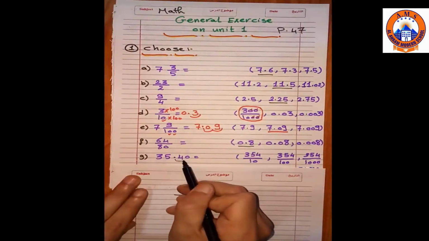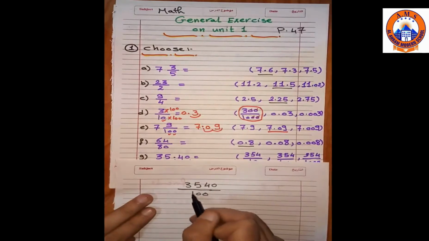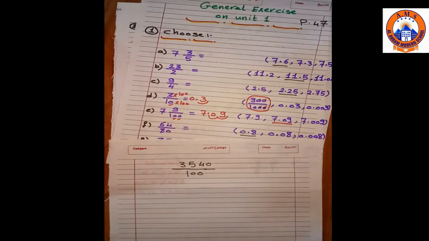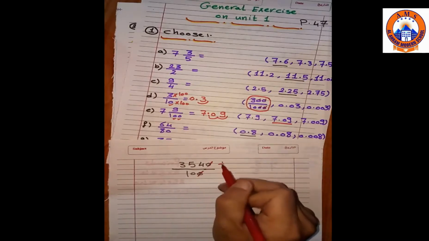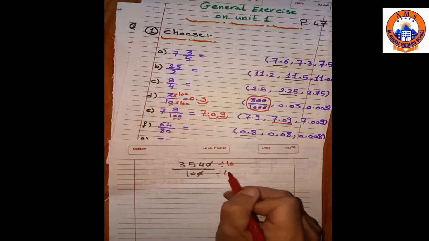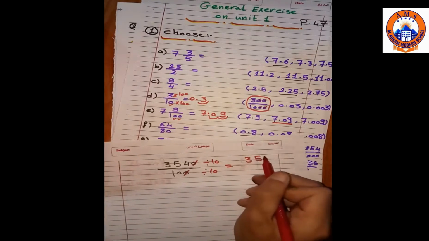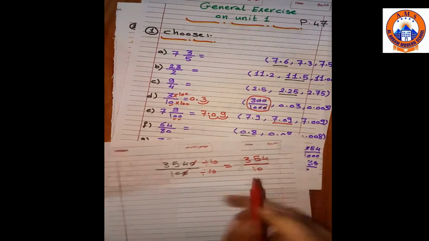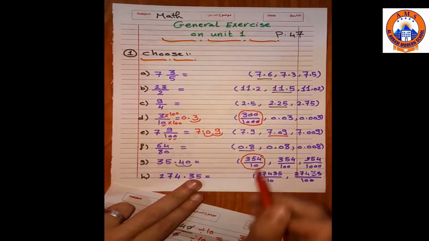Here is 1, 2, so the denominator will be 100. We can cancel 0 up with 0 down, or by dividing it by 10. This means I cancel 0 with 0, so the answer will be 354 over 10. So the correct answer will be 354 over 10.